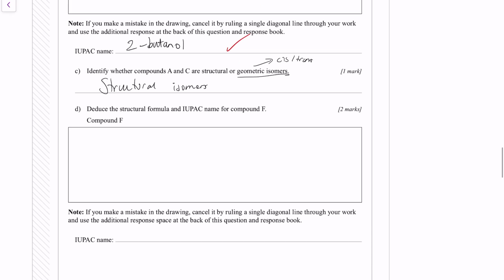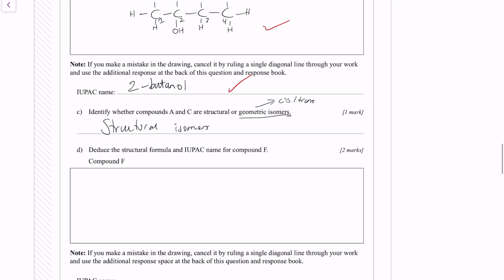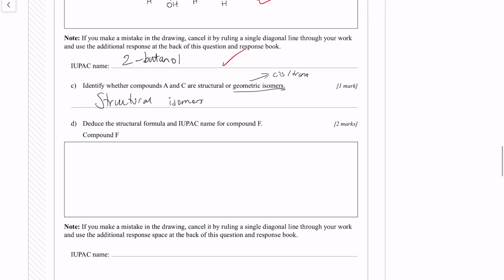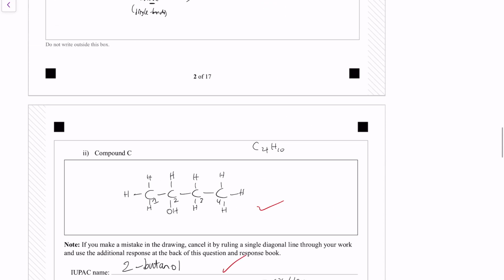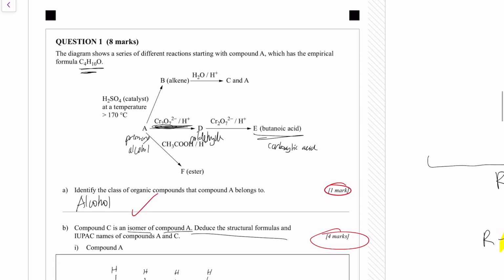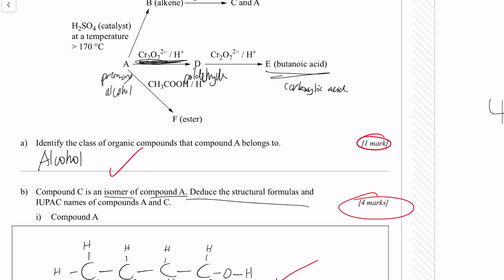Okay. And then part D is 2 marks. So again, we've got the drawing and the IUPAC name. Sorry, that was the 1 mark. So with compound F, if we look back into our diagram, compound F is an ester, okay?